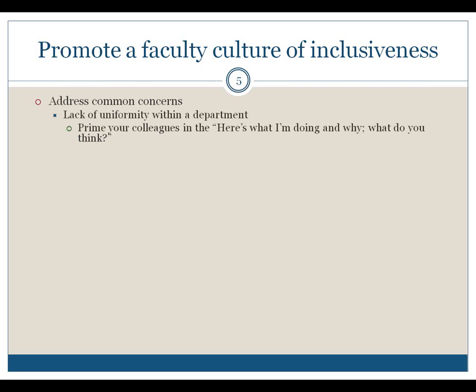So if within the department there's a lack of uniformity, in the sense that different professors maybe use different topics, or they're allowed to use different books, and there's not necessarily consistency among different sections, you might not even think that you need to talk to your colleagues about what you're doing and why. But for the same reasons as before, talk to them just so that they're not left in the dark, and if another student or another colleague asks, they can actually reinforce what you're doing by knowing that you're doing it.